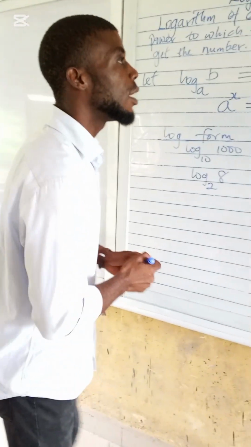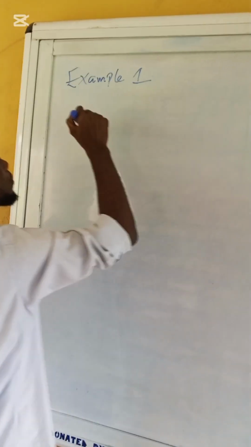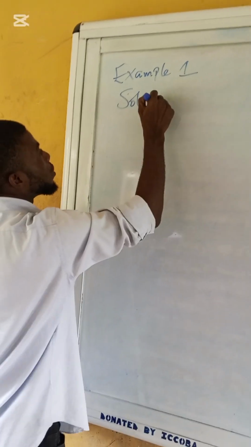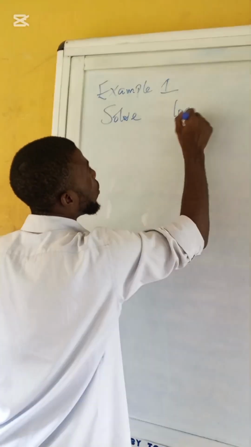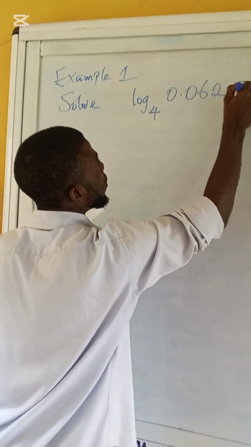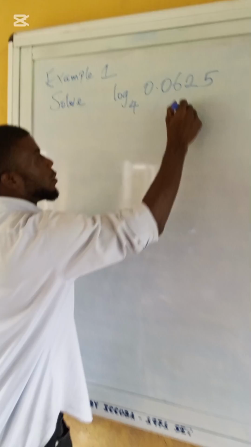Let's quickly see an example. Assuming I'm given a question like this. Let's say this is example 1. Log base 4 of 0.0625. How do I solve something like this?